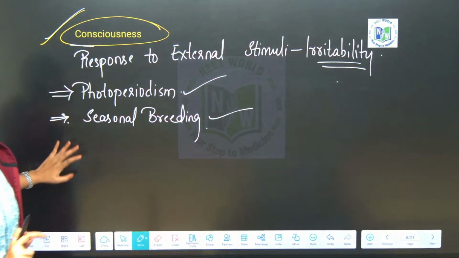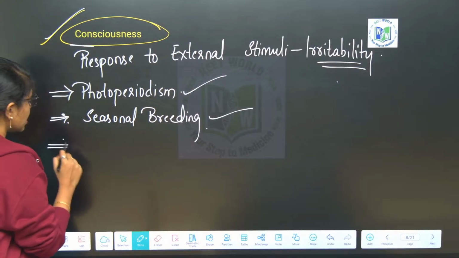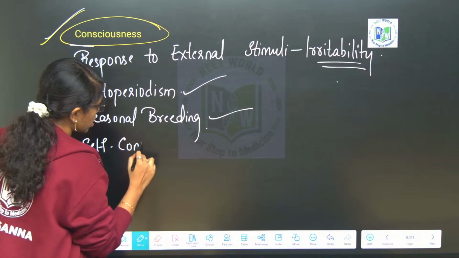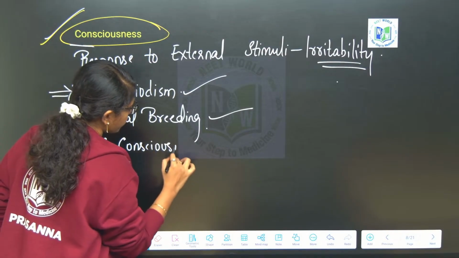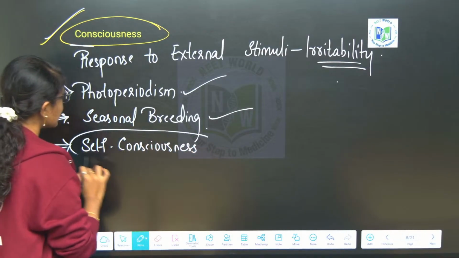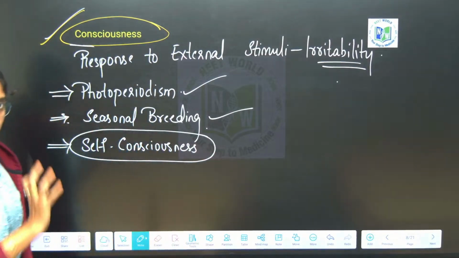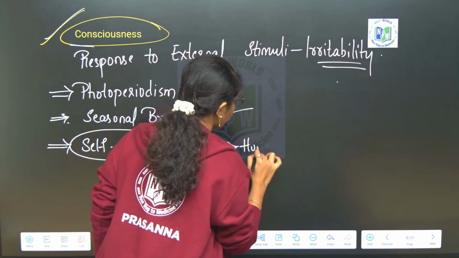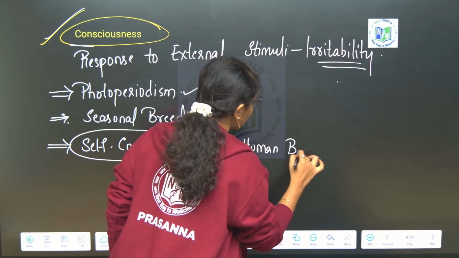Clear, right? Next, self-consciousness, which is only present in human beings. Self-consciousness is the feature which is only for human beings. Human beings are self-conscious.